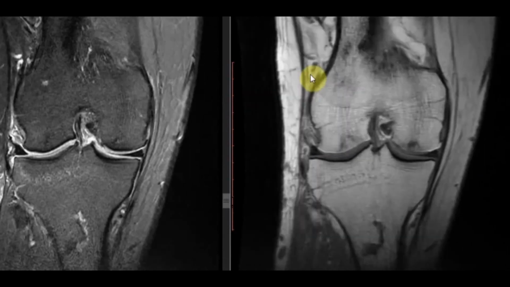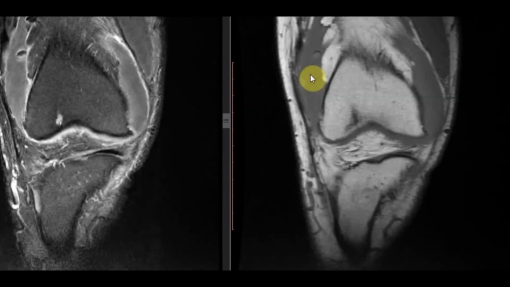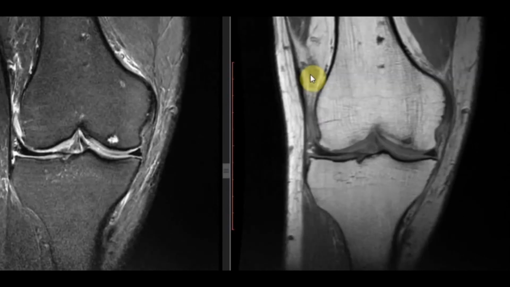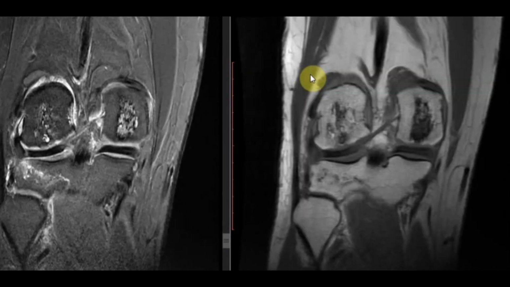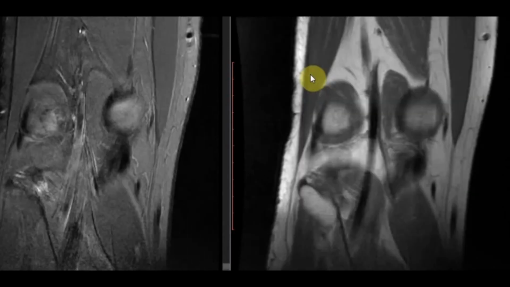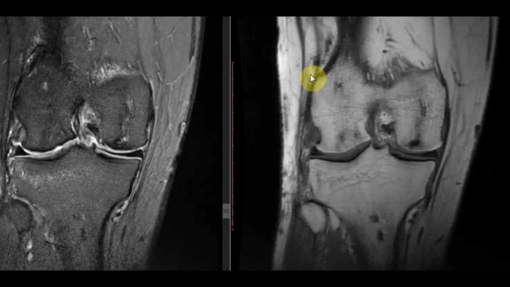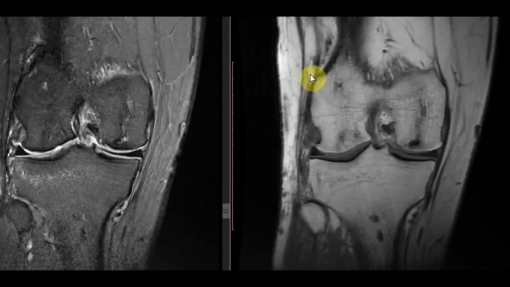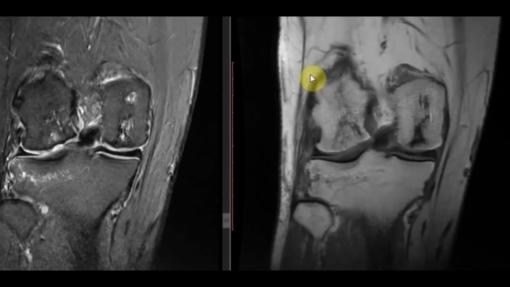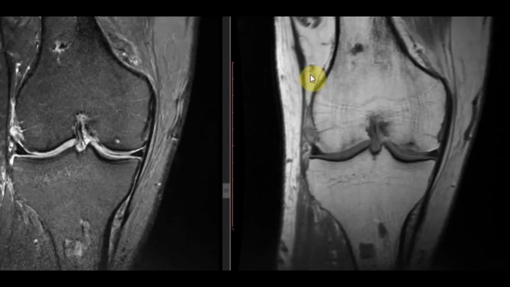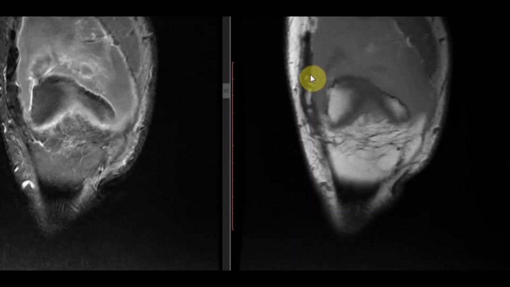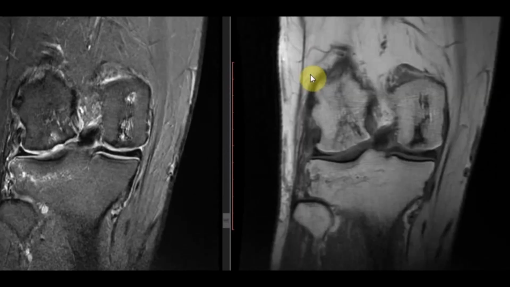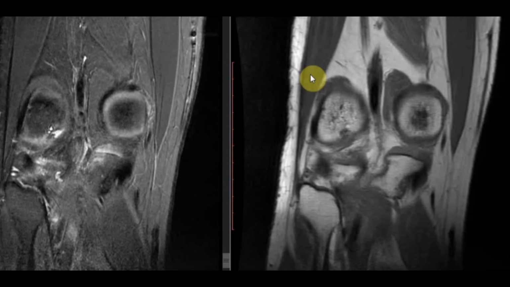So these lesions give an appearance of bone infarct. The patient might be on corticosteroid, or there might be some other risk factors for bone infarct. So this patient is having multiple bone infarcts involving the femur and tibia. And this patient is also having a comminuted patellar fracture.